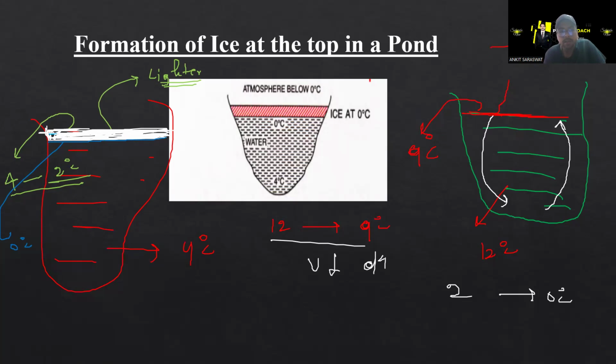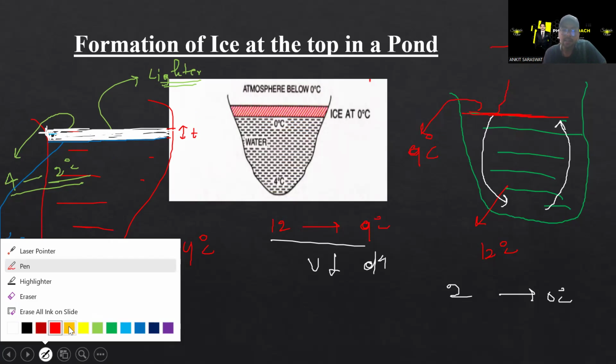It has a certain thickness which you will understand in a later section, and there is a formula to find that also. Higher classes you will learn. So the water below this ice is still at 4 degrees Celsius.